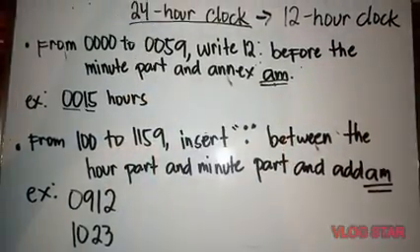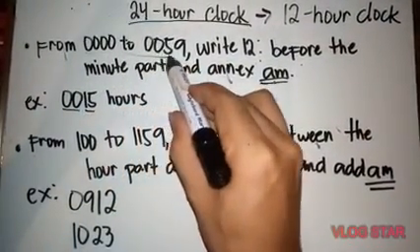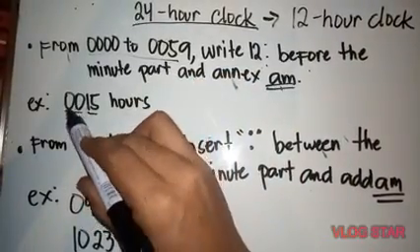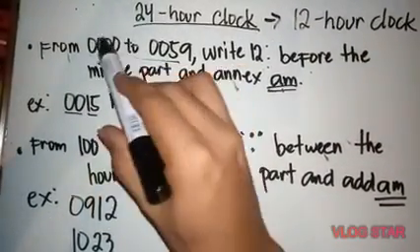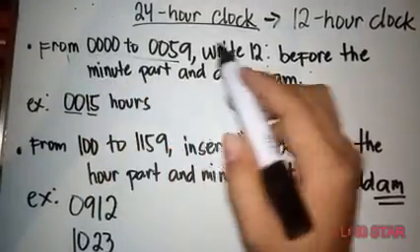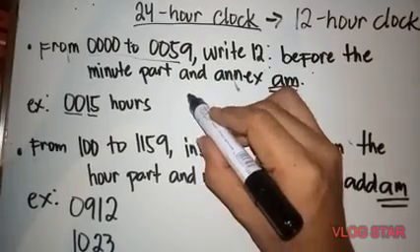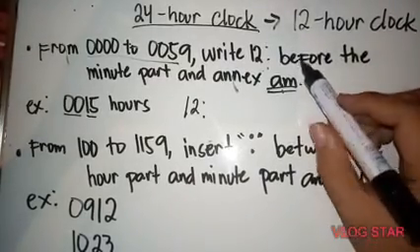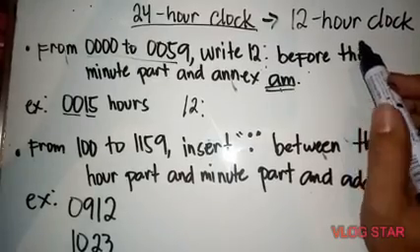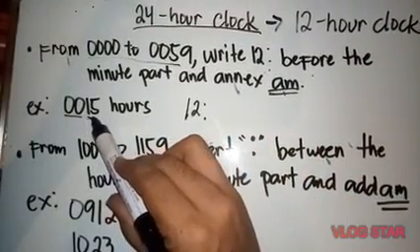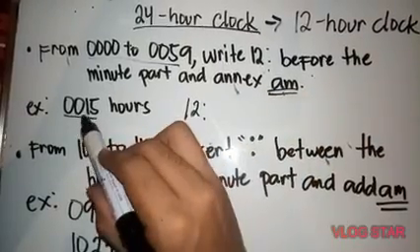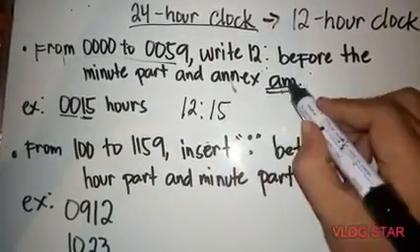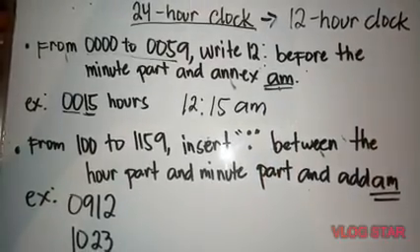So be careful with this part. Since it is 0015 and it is in this bracket, we can use this one. Write 12, then this sign before the minute part, which is 15, then annex AM.